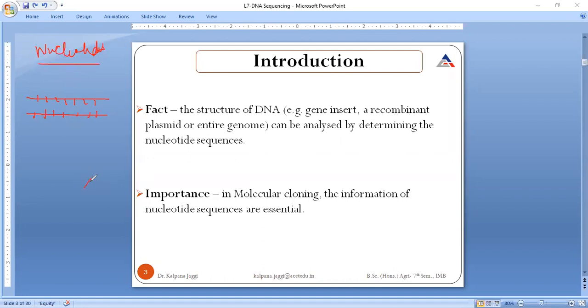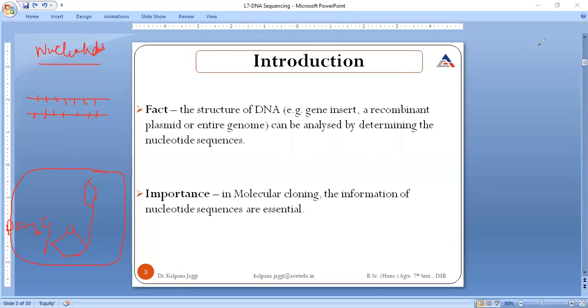This base is connected to a deoxyribose sugar, and this sugar in turn is connected to a phosphate. This is what is said to be a nucleotide.